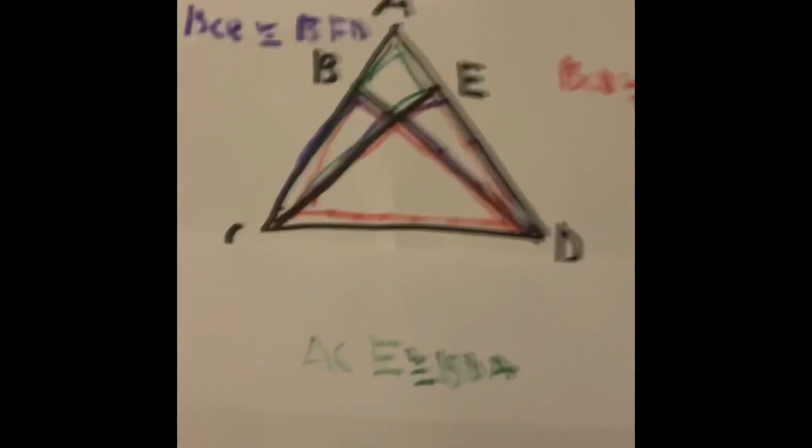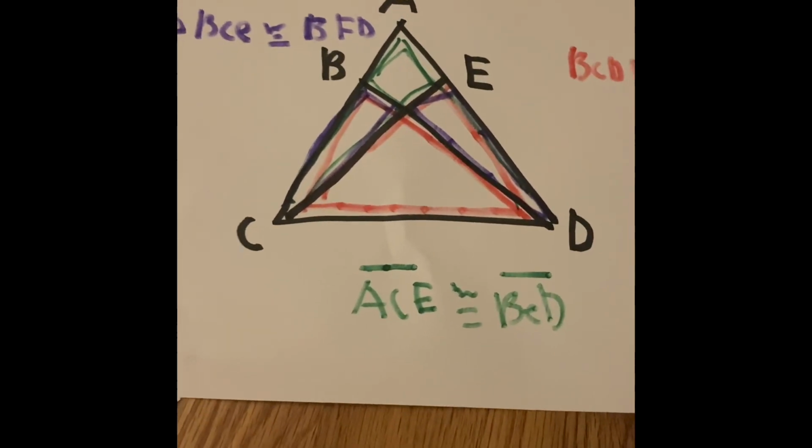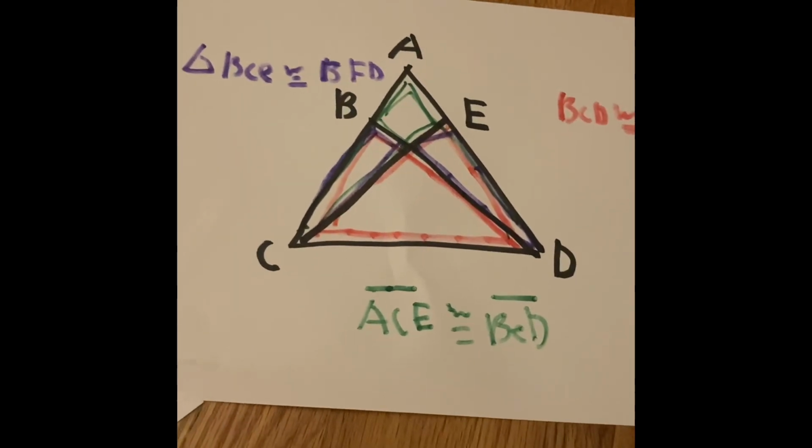So there may be more combinations where you can find congruent triangles that can overlap another.